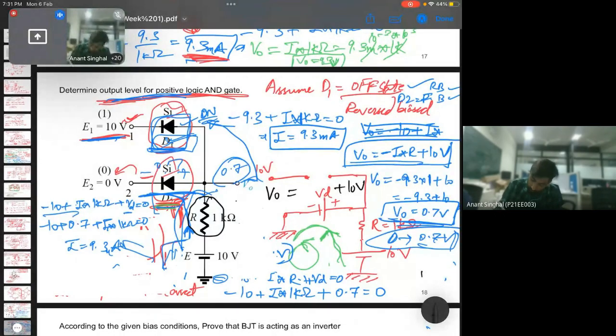And we know the current is in this direction for this case. I hope you get it. So since it is in the reverse direction, I'm taking minus I into R. Is it clear? So this is minus 9.3 into 1 kilo, which is minus 9.3 plus 10. So that is why this V naught is coming out to be 0.7 volt. Is it clear, Ashwani?